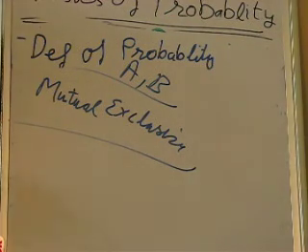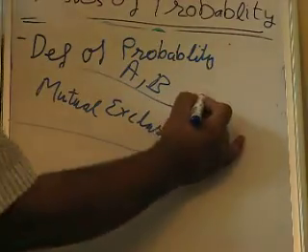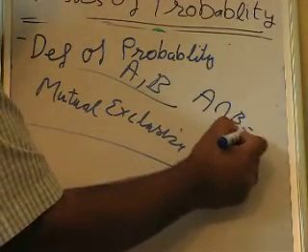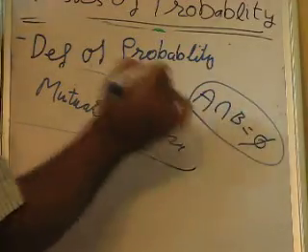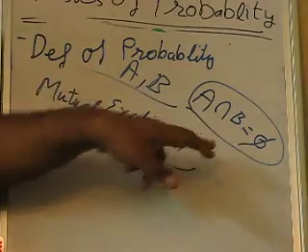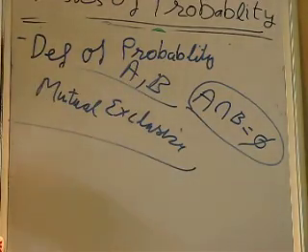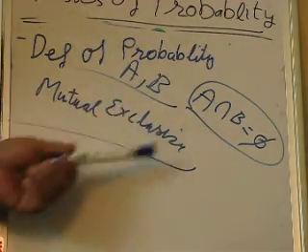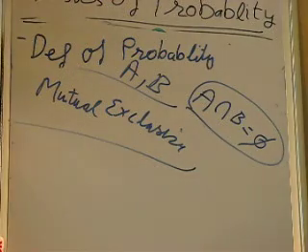Or you can say that there are no common points between A and B. Generally what we say is A intersection B is equal to phi. If this is true, then A and B are mutually exclusive events. A intersection B denotes the number of common sample points between A and B. Phi is called the null set, or you can consider it as zero also, but generally in set theory or in probability we denote the null set by phi. It does not contain any elements.